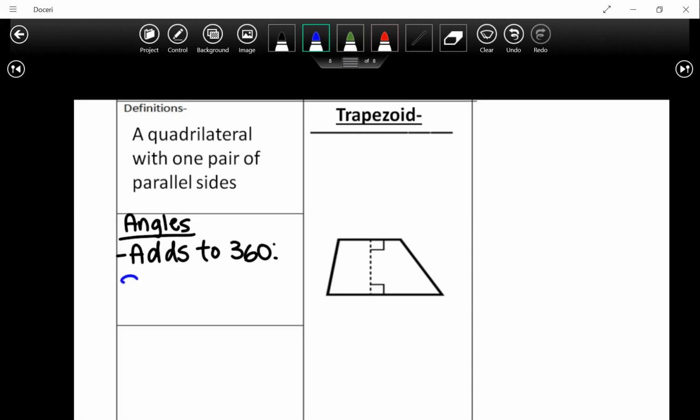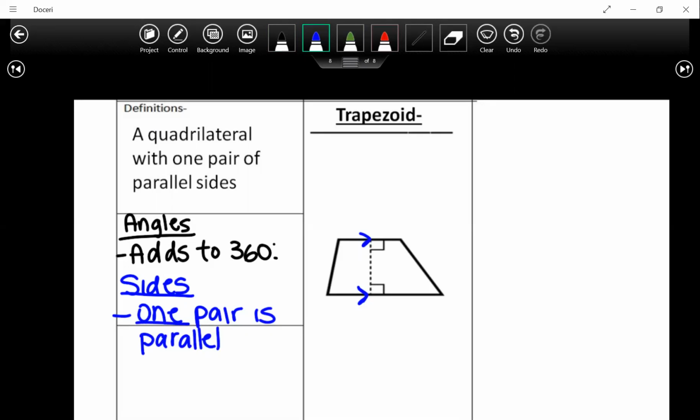The side portions of them, one pair is parallel. Only one pair is parallel. And we're going to denote that by an arrow going in the same direction on our lines to show parallels. That's really the only definition we want to be able to see. Doesn't need to be congruent. Opposites don't need to be congruent.